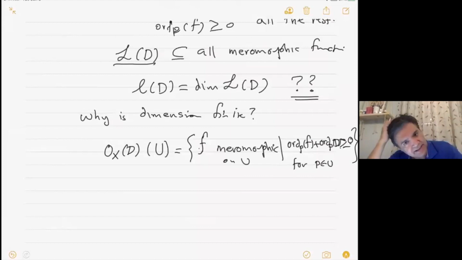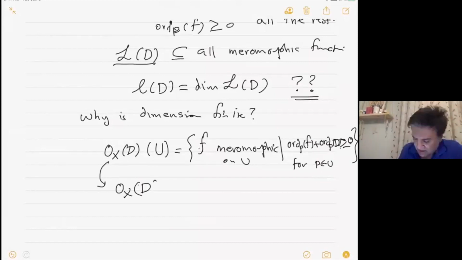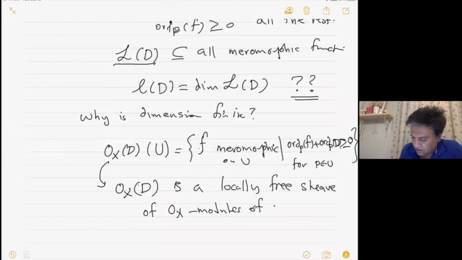And one can show, it's not too hard, it's actually very easy, that O_X(D) is a locally free sheaf of O_X modules of rank 1.